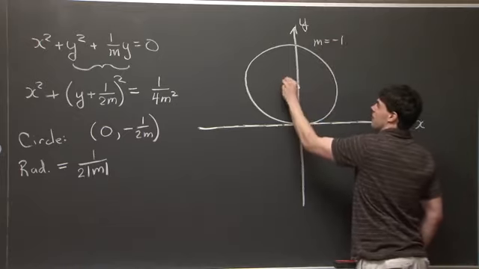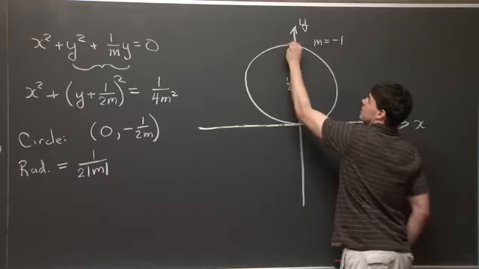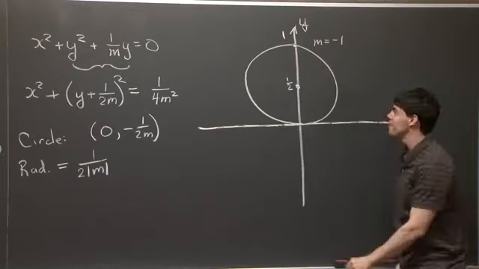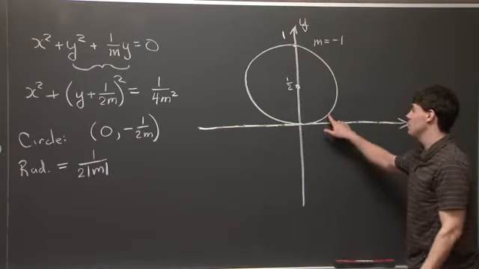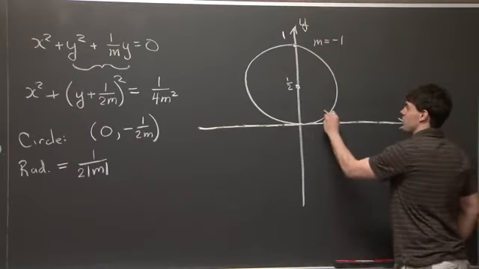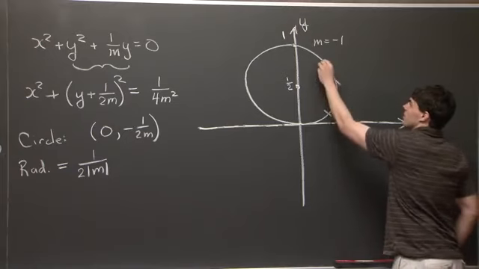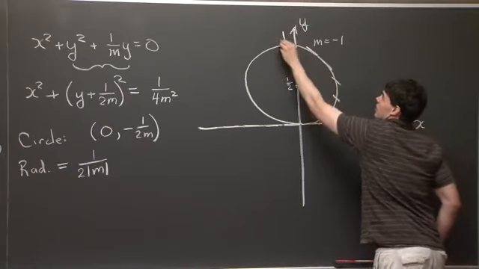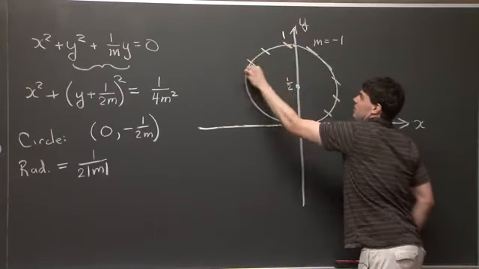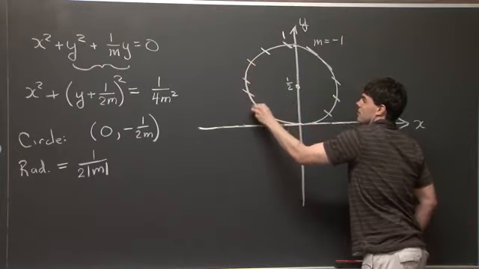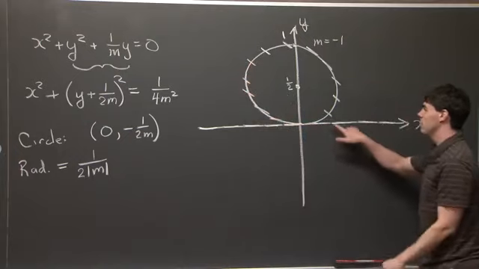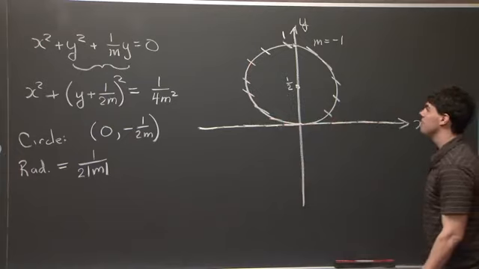Okay, so here's 1/2. Here's 1. And at every point along this circle, we just draw a little slope of -1. So at every point along this curve, the solution has slope -1.